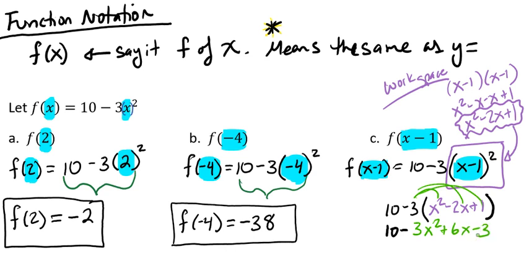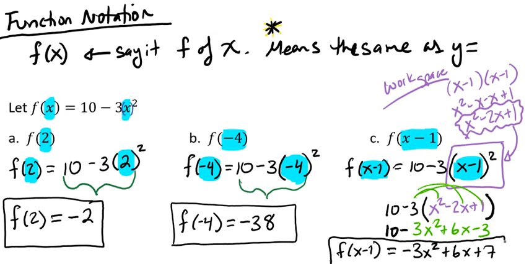And then we just need to combine our like terms to get our final answer. So we're going to have f of x minus 1 equals negative 3x squared plus 6x plus 7. And that is going to be our final answer.